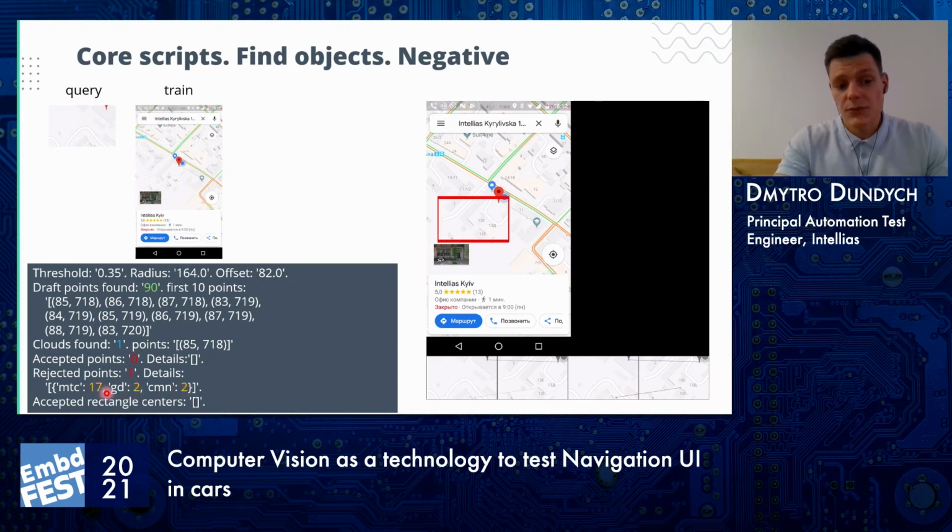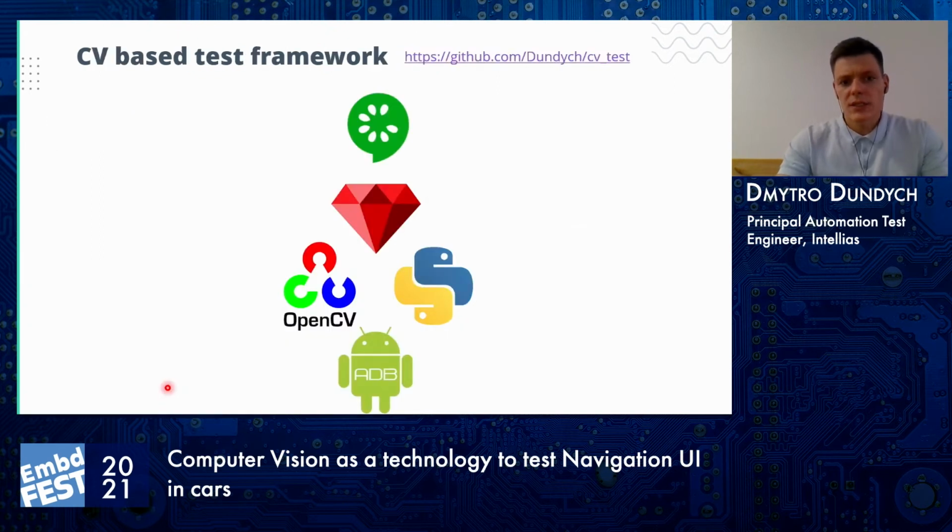If we have only 2 from 17, it's actually too small to say it's the same place. So we fail it, and the test is okay. It should fail.